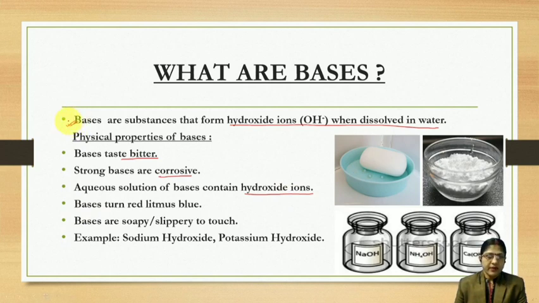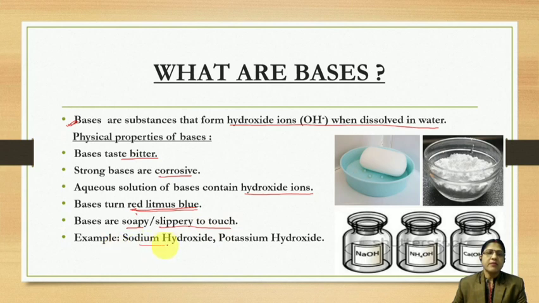Acids furnish H plus ions in water, and bases give OH minus ions, that is hydroxide ions, when dissolved in water. And bases turn red litmus blue, just the opposite. So you remember only one, then the other is just the reverse. Acids turn blue litmus red, and bases turn red litmus blue. And bases are soapy or slippery to touch.